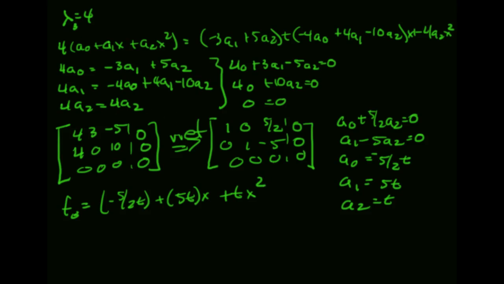All right, so this one's a little more complicated. Let's check this one, see if it works. Again, we're going to let t equal 2 because it's simple that way.